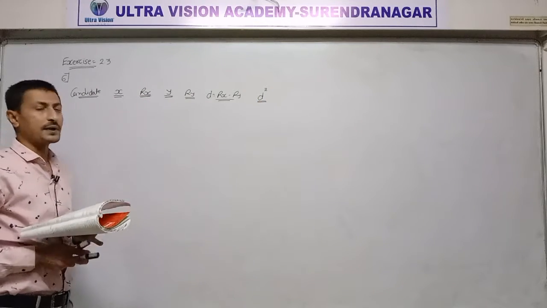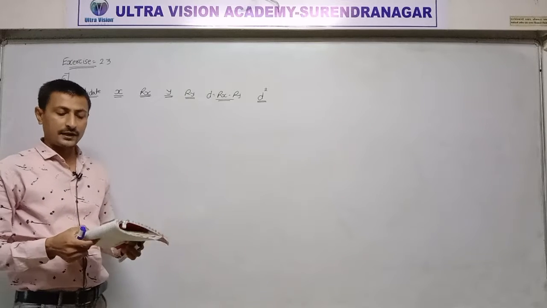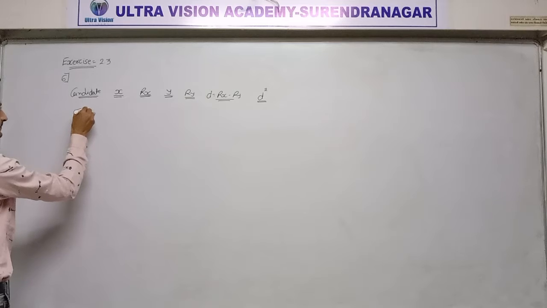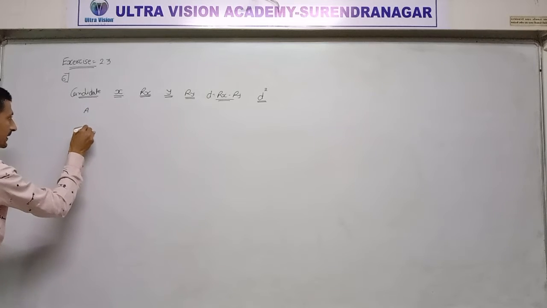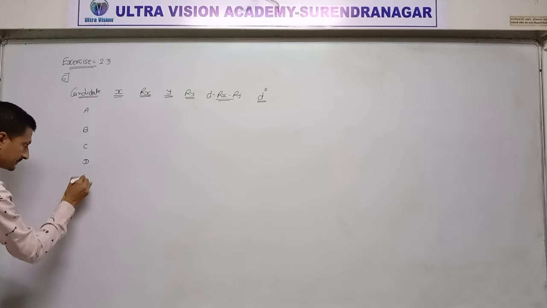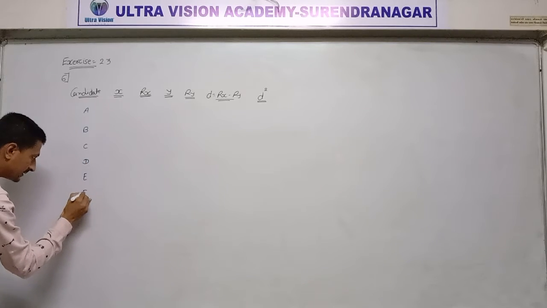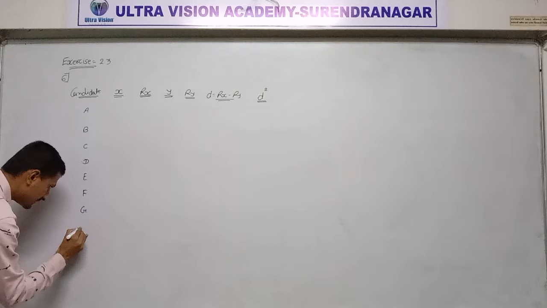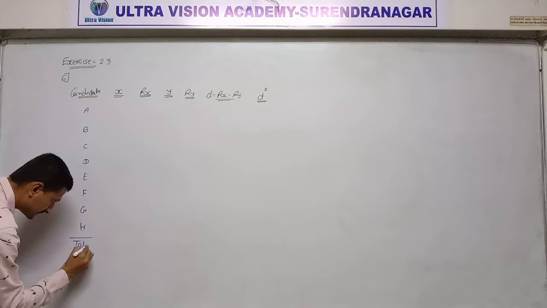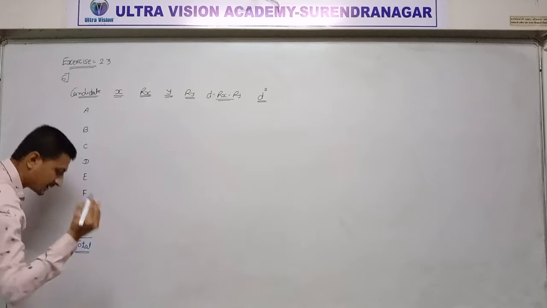So in the first column, write the candidates A, B, C, D, E, F, G, H. Done.